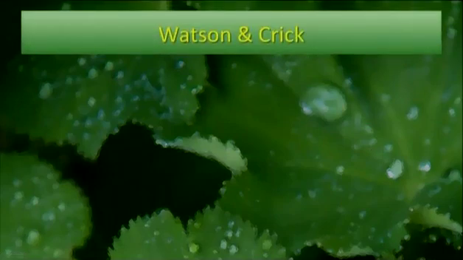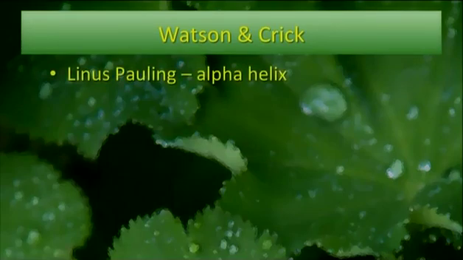Now Watson and Crick were the people who discovered the structure of DNA. There was a race to discover the structure of DNA, and it was helped along by Linus Pauling. I heard that Linus Pauling was considered an unfriendly person.